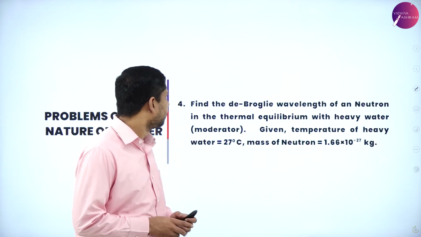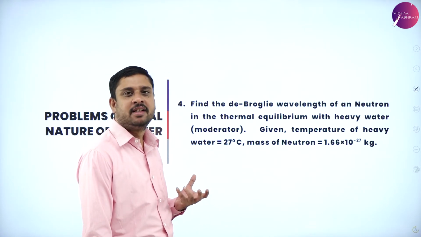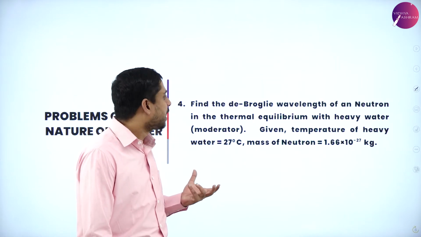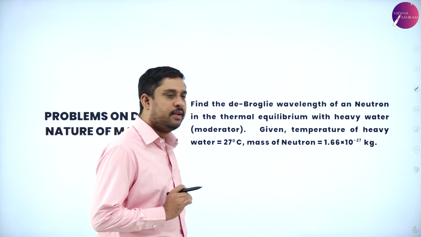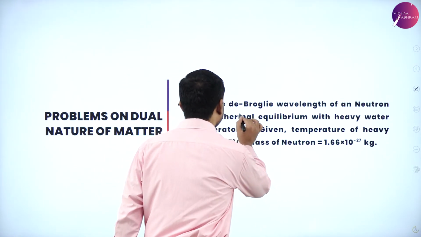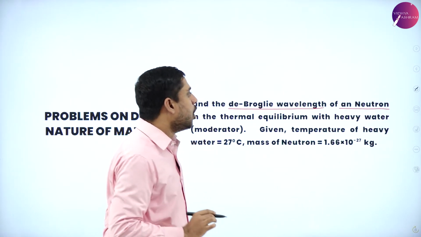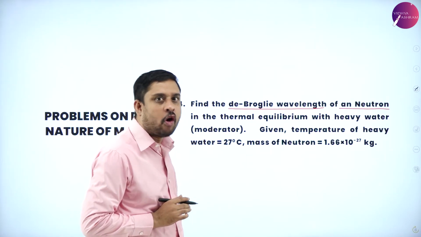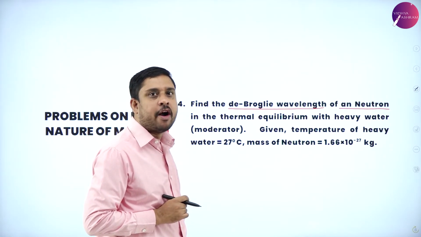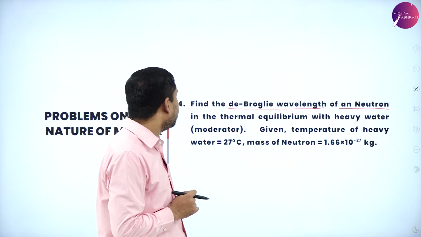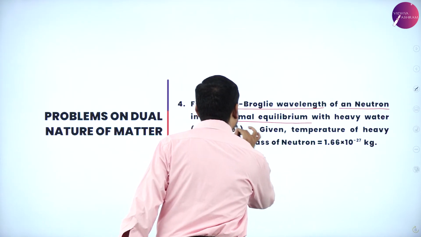Next one. Again the same notion of de Broglie wavelength. But let's see what is the factor it has been related with here. Find the de Broglie wavelength of a neutron in thermal equilibrium.